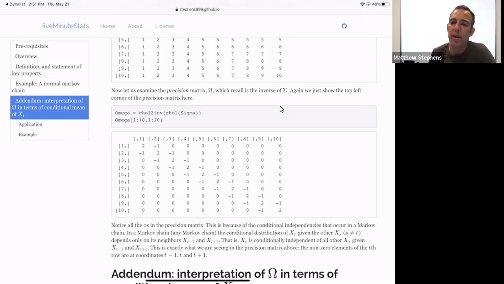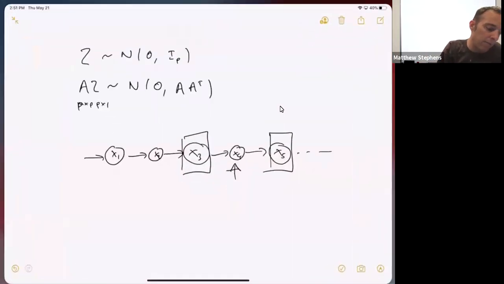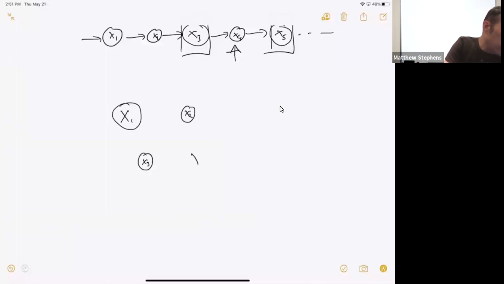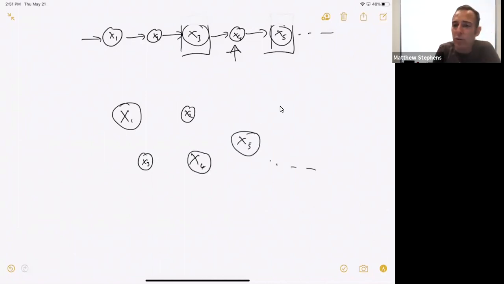In fact, the way that people sometimes think about this in terms of Gaussians is to think about your x's in general. There won't necessarily be a Markov chain, but imagine that you've got a large number of x's, many more than 5, but I'm not going to draw them all.